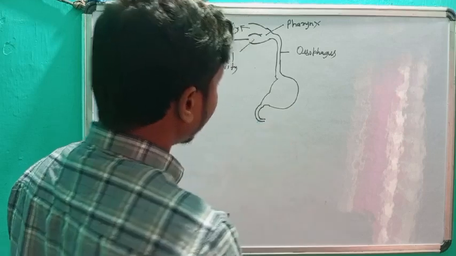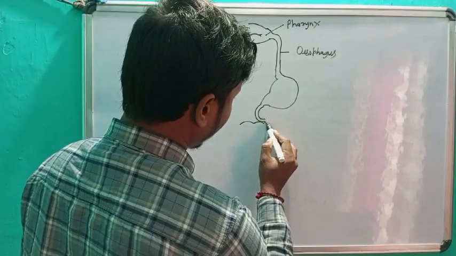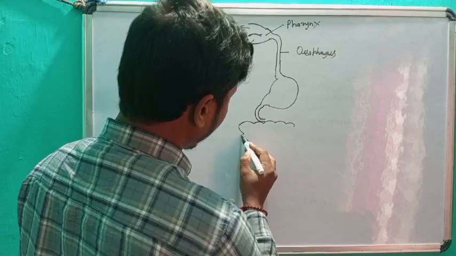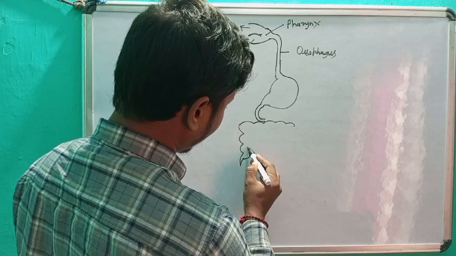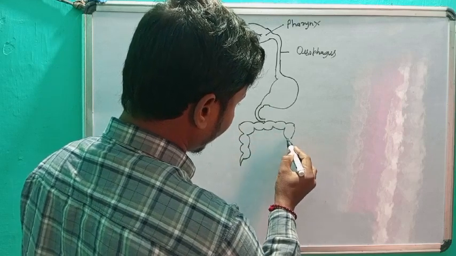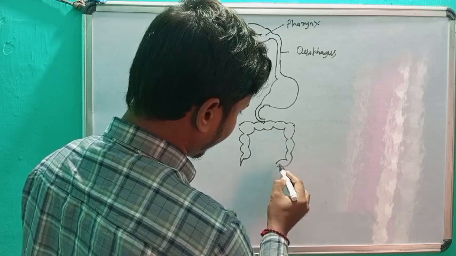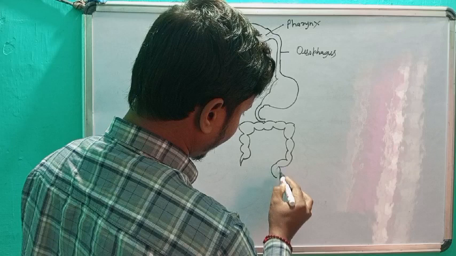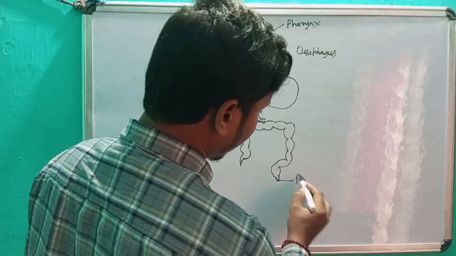This is known as the duodenal region, and here the large intestine is present. This last portion is known as the anus.